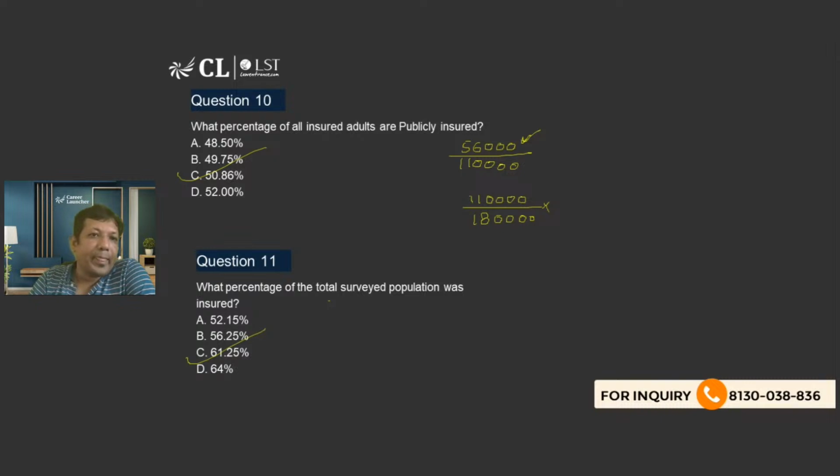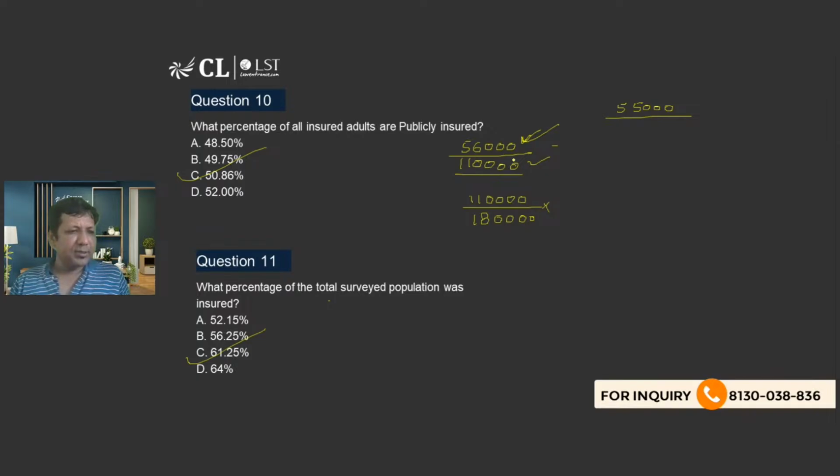Now, CLAT aspirant, I actually like your argument. You are asking why I am taking option C and not option B, because option B is also very close to 50. Very nice. Now, I have two things. This is 56,000. This is 110,000, right? 55,000 is actually 50% of 110,000.